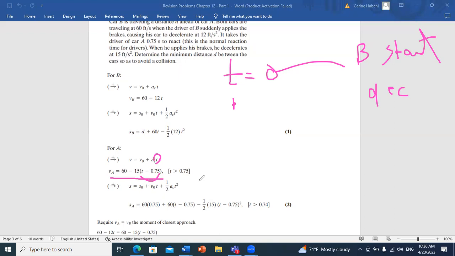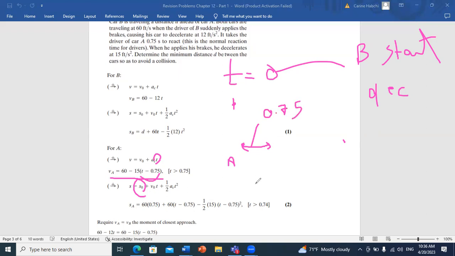Now to find S in this phase, we have to notice that this phase started after phase 1, so the zero for it is not zero. What happens is that A was at this origin when B started decelerating, and A was still not paying attention, moving for a certain phase at constant velocity, for 0.75 seconds. So what is the distance traveled during this time?